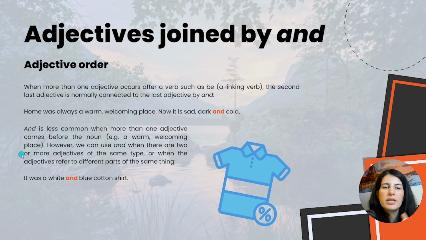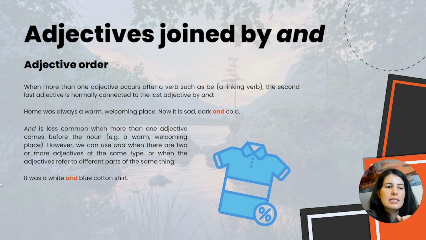However, we can use and when there are two or more adjectives of the same type, or when the adjectives refer to different parts of the same thing. So if you're using two adjectives of color, you can connect them using and. If you're using two adjectives of size, you can connect them using and, even if your person, thing, or place comes afterwards.